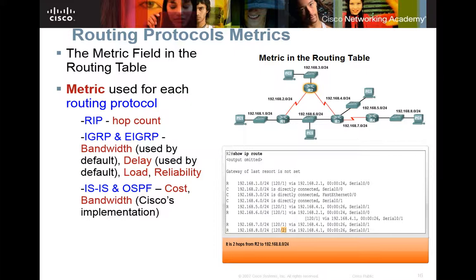And how much bandwidth do I have? It gives you a cost. Load and reliability. Okay? Then you have IS-IS and OSPF. The bandwidth, Cisco adds it in, but the cost will tell you how much is it going to cost. And think of it as in dollars. The higher the amount, the less you want to use it, right?